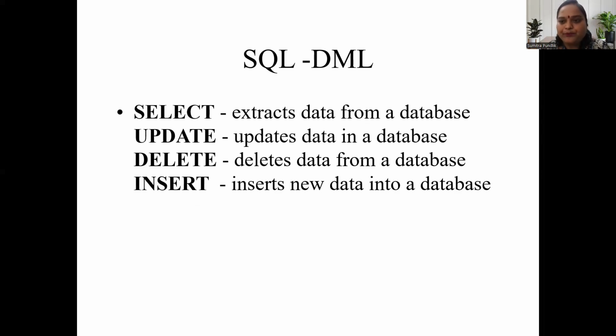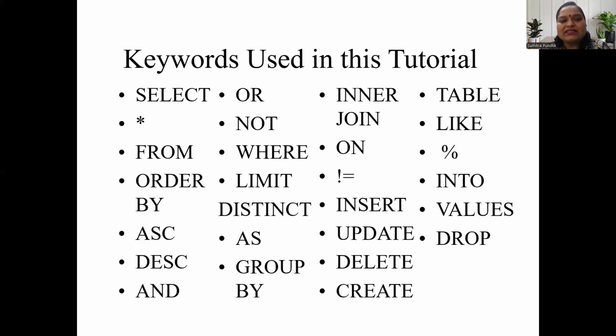Let me first give you some overview of it. During this tutorial, we are going to use these keywords, so keep this in mind. We'll be using select, star, from, order by. Order by is basically for ascending or descending order. Then we have ASC for ascending, DESC for descending, and, or, not.